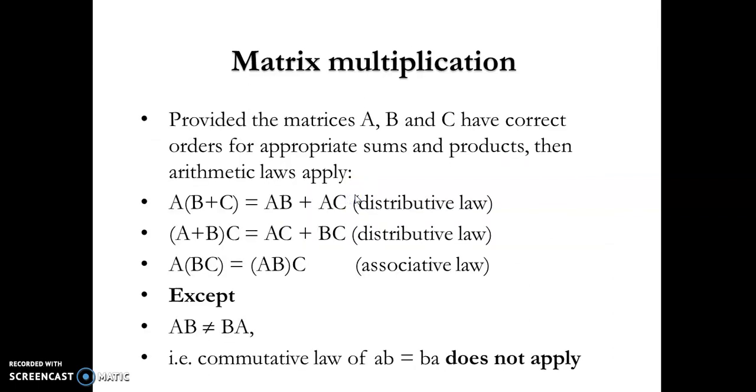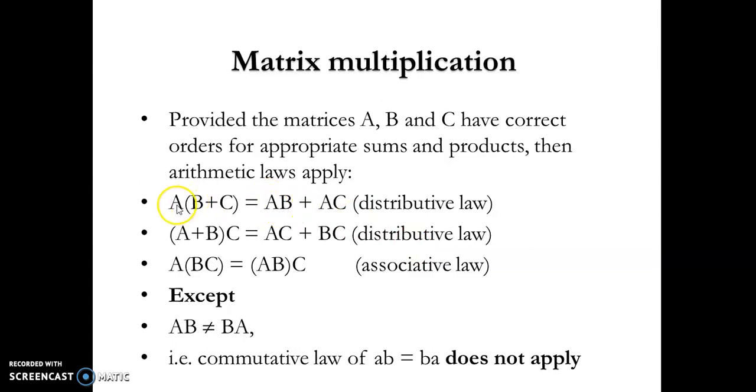So in terms of matrix multiplication, these are the following laws that can apply. So provided your matrices A, B, and C have the correct orders for sums and products, so doing your additions and multiplications, then these laws would apply. So again, you have your distributive law. Now notice I'm not using lowercase letters, but uppercase letters to reflect that these are matrices.